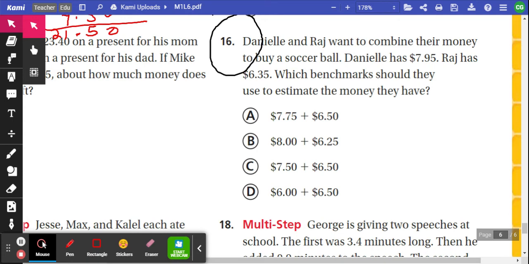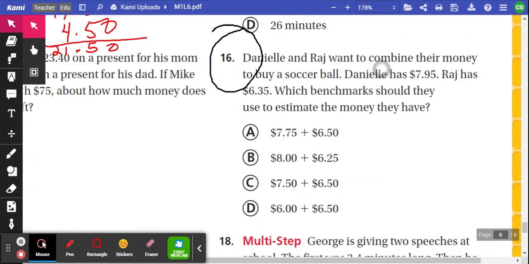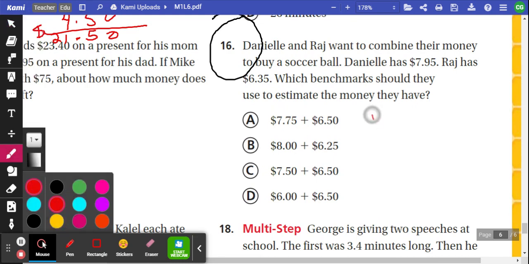Danielle has $7.95. So I'm going to go to my number line. That 95 cents is here, so I'm going to add a one whole to this. So the $7.95 is going to change to the 7 plus the one whole that I'm moving up, which would be 8.